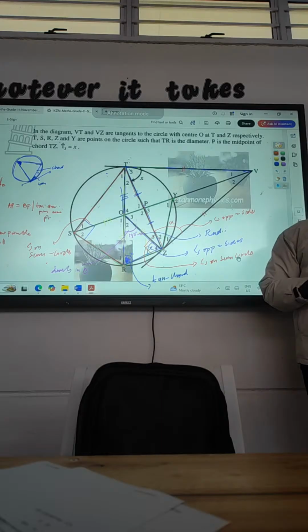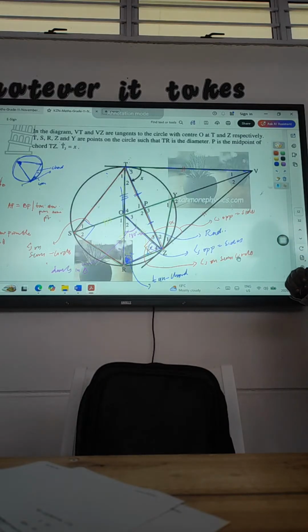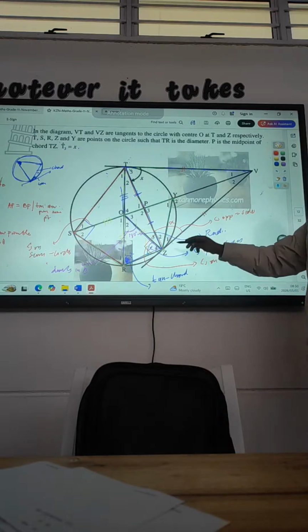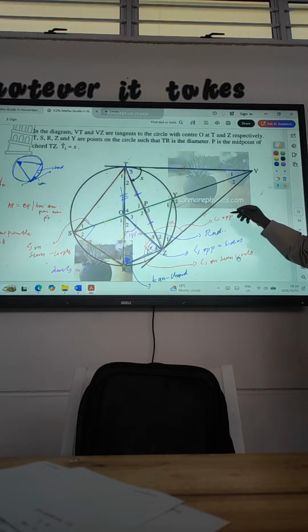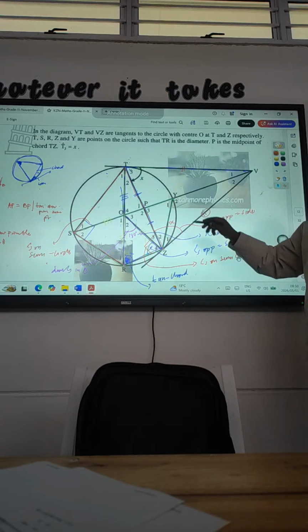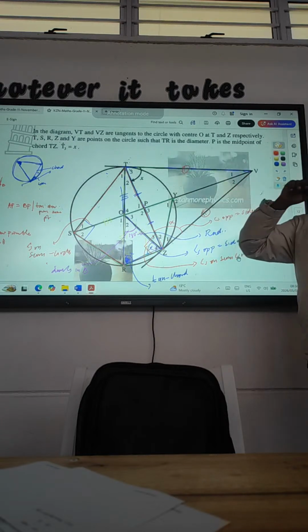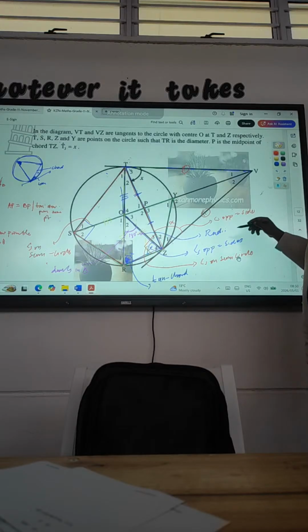Tangents from the same point will tell us that these lines are equal. So you can write tangents from the same point as the reason why you are saying this is equal to that. So we have x.